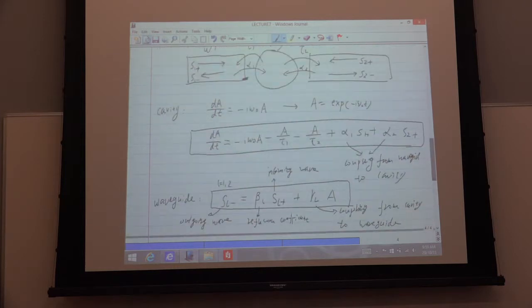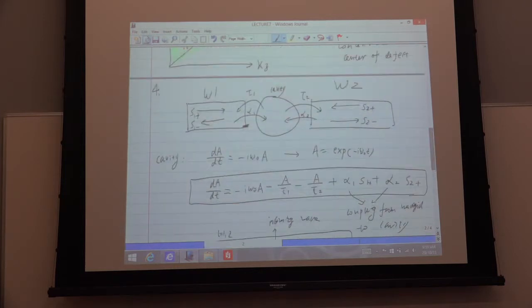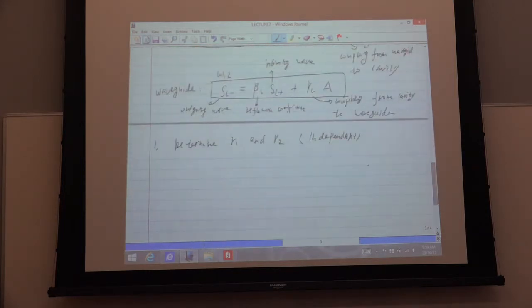That means the cavity coupled to waveguide 1 and this cavity coupled to waveguide 2 have different parameters, gamma 1, alpha 1, and gamma 2, alpha 2. That means these two sets of parameters are independent of each other. This is called weak coupling, not very strong.